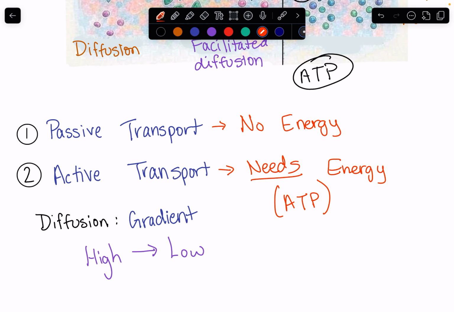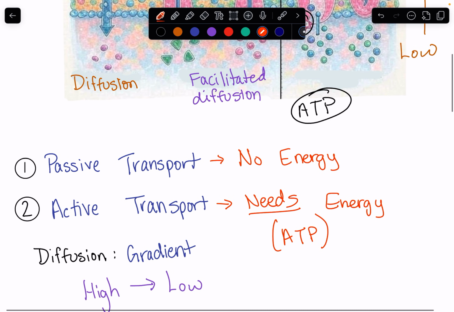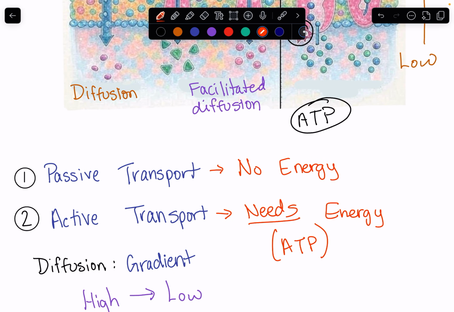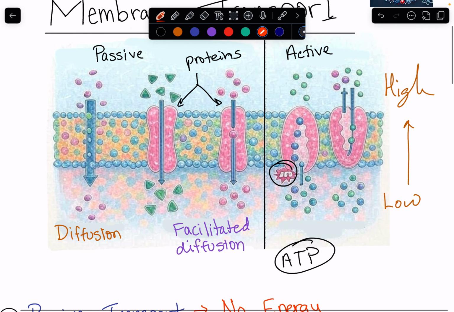And in active transport, it's going to be the opposite, where we're going from low concentration to high concentration. And because we're going in the opposite direction, we need a little bit of a boost, a little more energy, and that's why we're going to be using ATP to help power this phenomenon. So that is membrane transport as an overview.